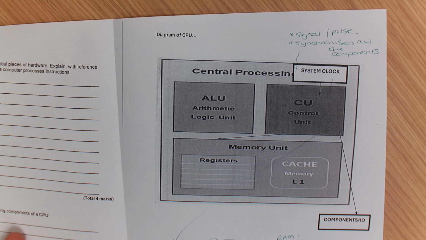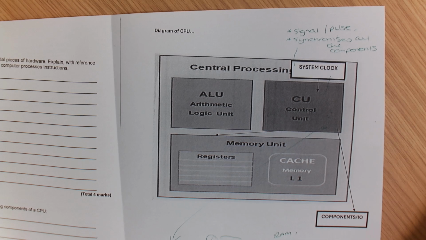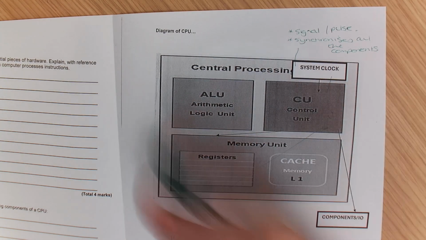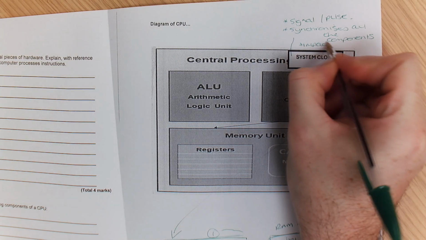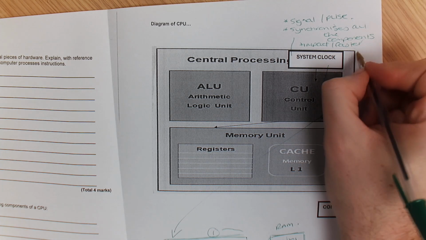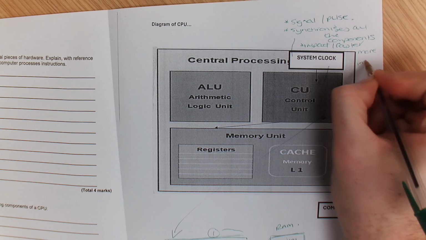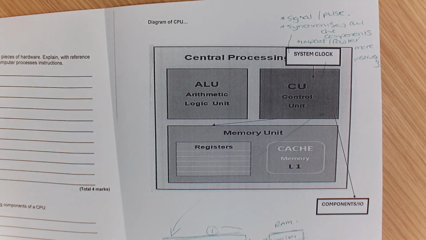But you didn't actually write that in the previous question. So you acknowledge what the clock is, acknowledge that there is a pulse, acknowledge that it synchronizes all of this and keeps it all running on time, but then you say the impact. So the impact is the faster, the more instructions, okay? Sorry, I can't fit that on there, all right?